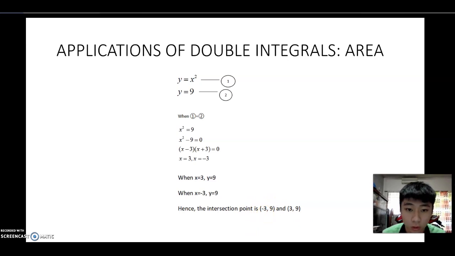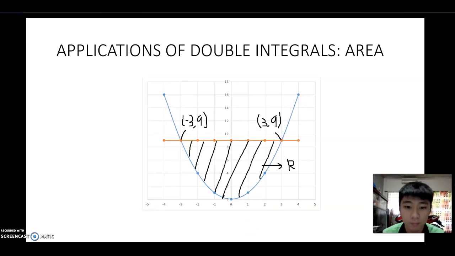After finding the intersection points, you can also draw the graph like this to help yourself understand this question more. According to the theory, from the intersection points, we can also find the upper and lower limits for x and y.